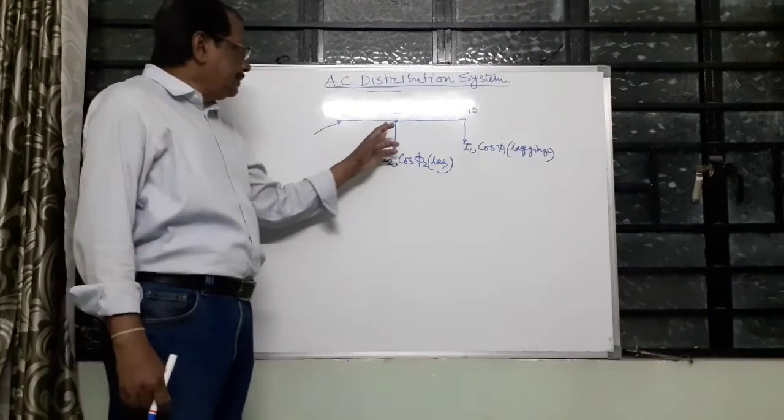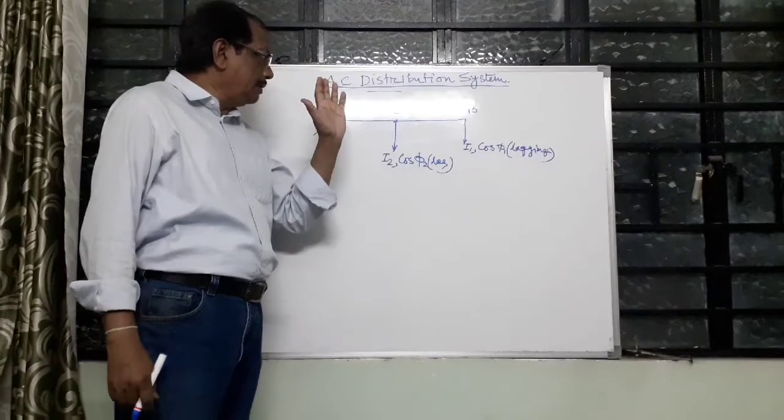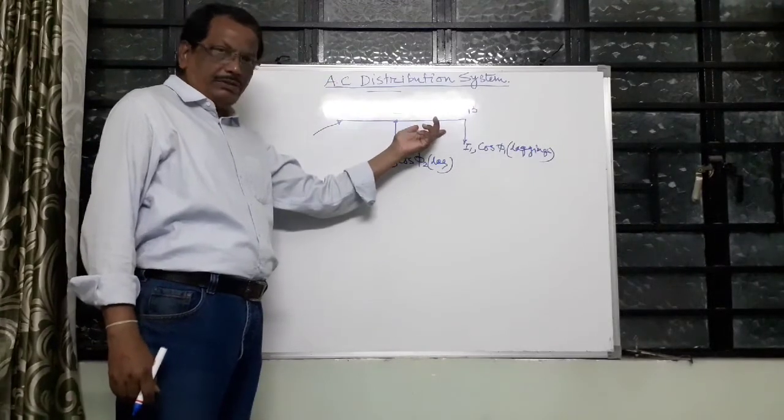As AB is a distributor line, there is some impedance.